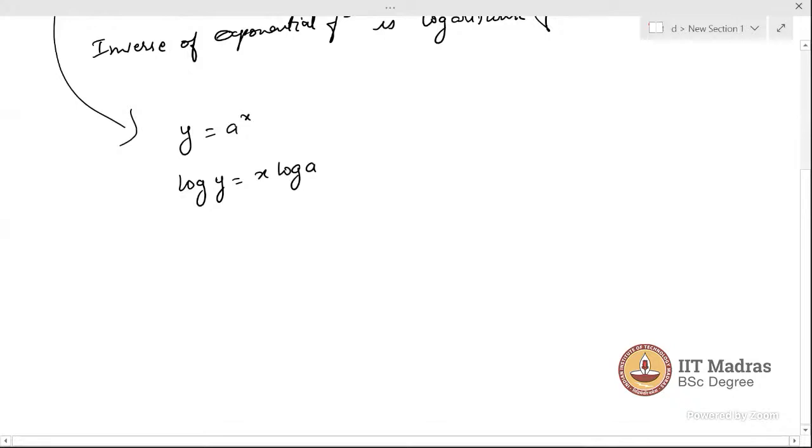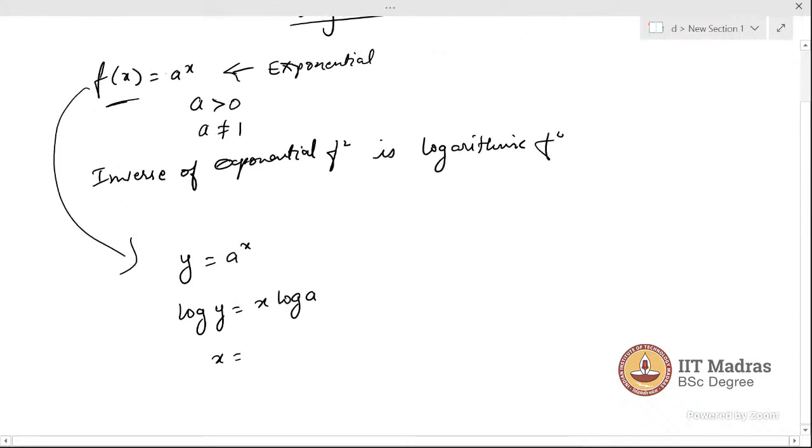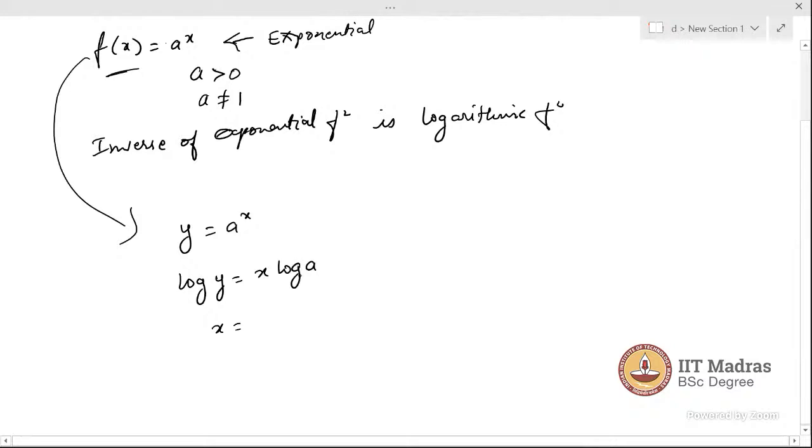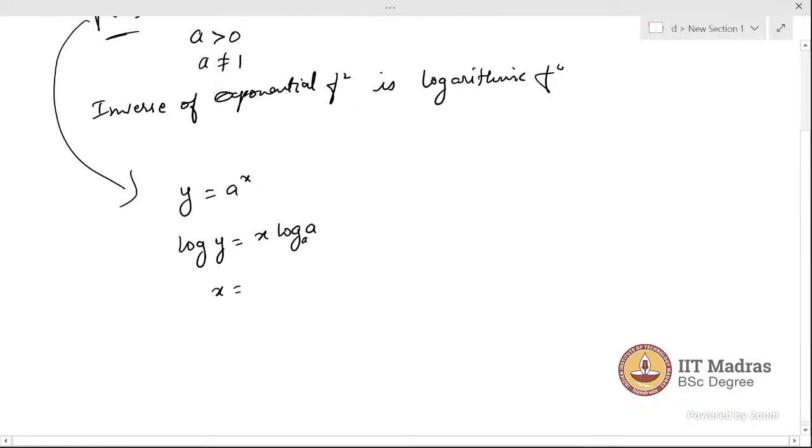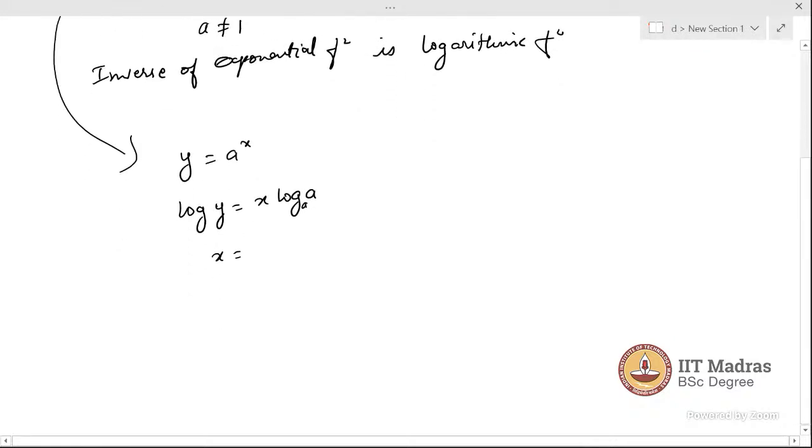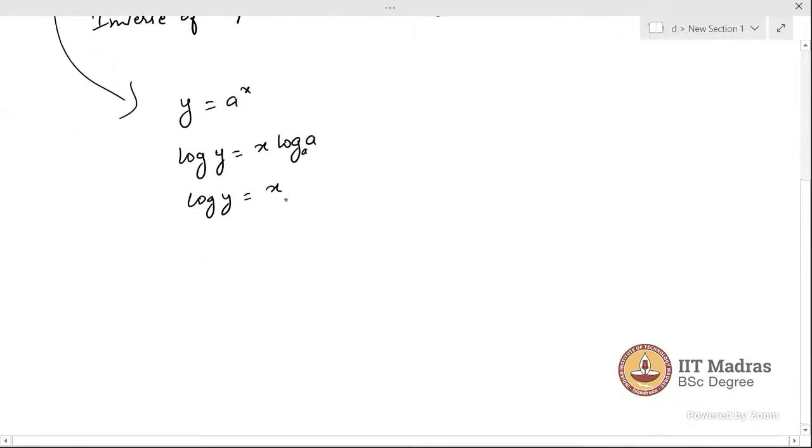Since we have to express this in terms of x, let me take this to the base a only, so there will be no change of base coming up here. Then we have log y equals x. So now what do you see? When we have changed this, we can say that f inverse of x is basically log x.